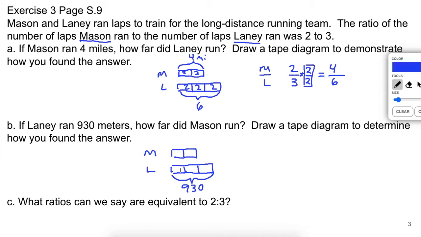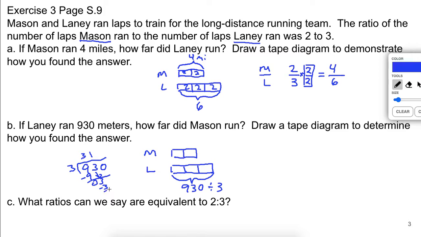Now, you might be able to figure that out, but if you can't, what we can do is take that and divide it by 3. So let's take the 930. We're going to divide that by 3. So 3 goes into 9 three times, minus that down. Get a 0, drop our 3 down. 3 is going to go in there 1 time.